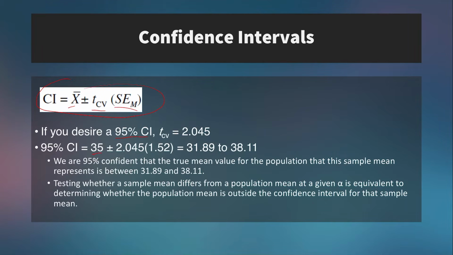So we see that it is 35 plus or minus 2.045, which was our critical t-value, times 1.52, which comes out to 31.89 up to 38.11.